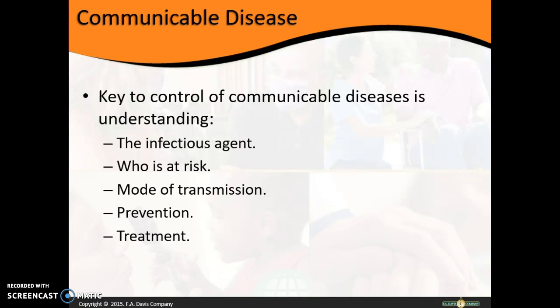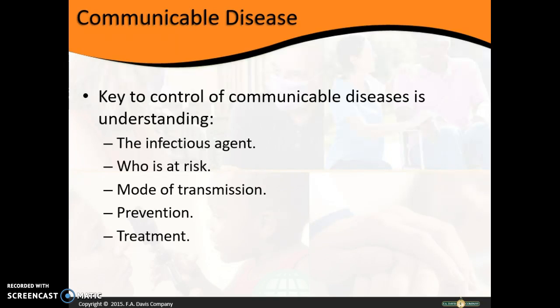The main key element, I guess, in communicable disease is knowing what is that infectious agent, who is a higher risk person than another once exposed to have more severe complications.